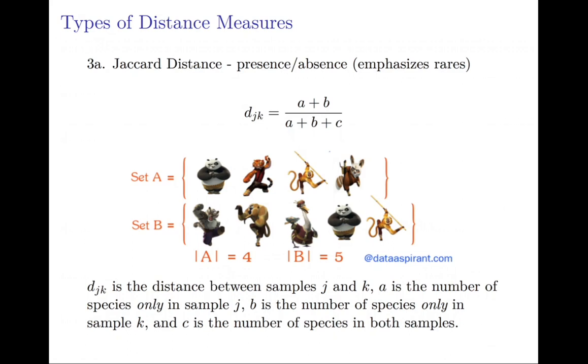But in A you only have 2 species that are not in B, and in B you have 3 species that are not in A. And so that's how you solve that. But again, everything is 1 or 0, so all species are equivalent here.